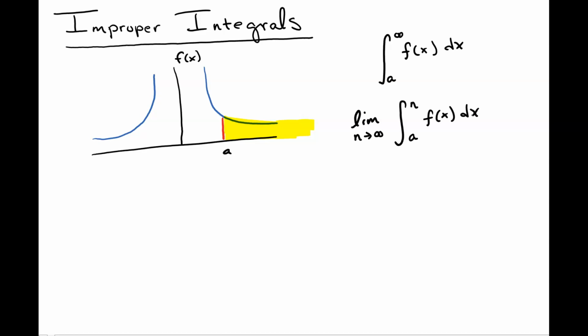And if we get a limit that evaluates to some number, we say that it converges, and we can state what the area would converge to. If we get a limit that does not exist, however, we say that this integral is divergent. It diverges. So we're going to take a look at some examples of what we call improper integrals.